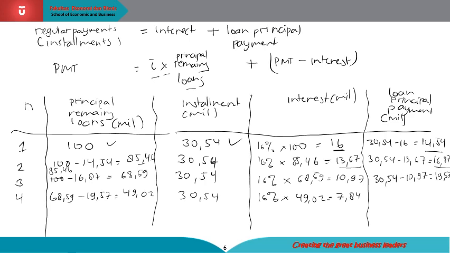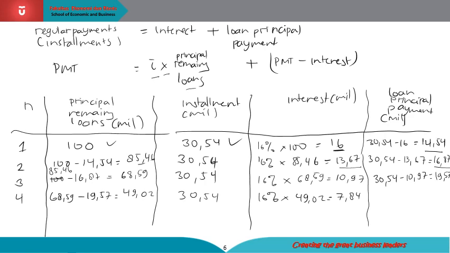Okay, so you see here, pause for a moment. The interest as a source of income for the bank is deducted along the years.